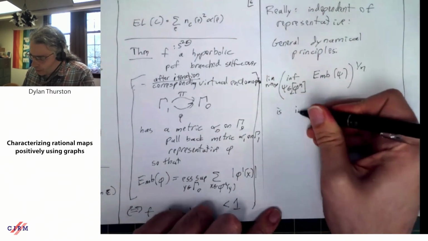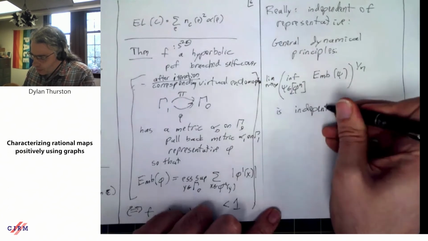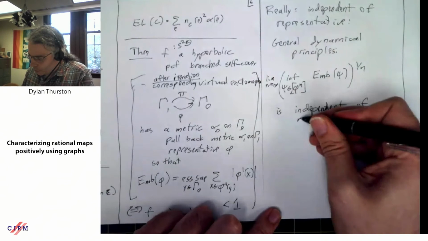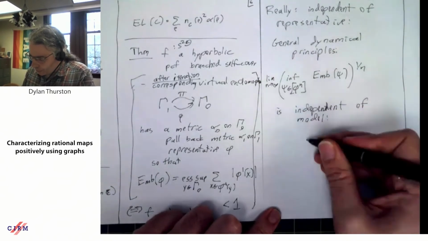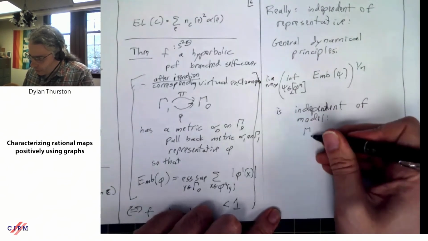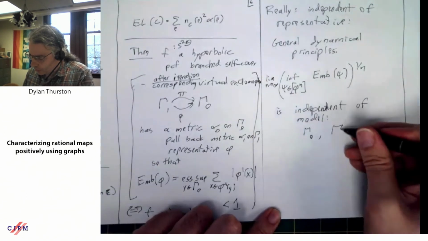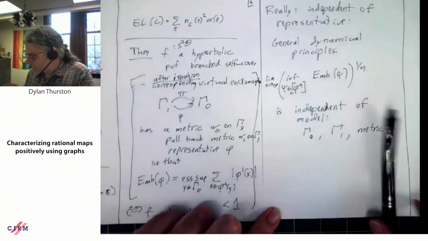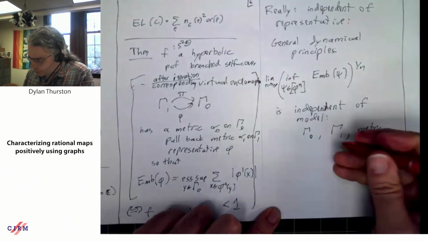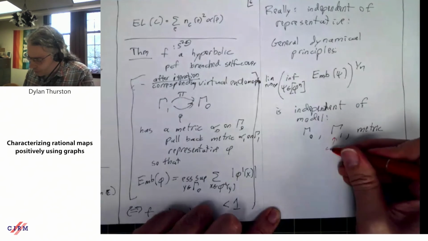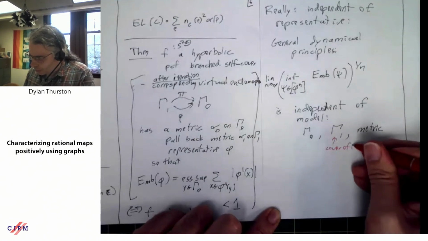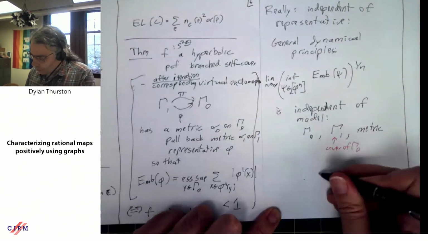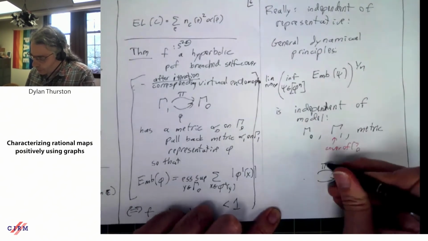This is independent of the choice of gamma 0, gamma 1, and the metric. Well, gamma 1 really, once you've chosen gamma 0, there's no choice. This is necessarily the cover of gamma 0, but if I change gamma 0, gamma 1 changes. So I have the virtual endomorphism.